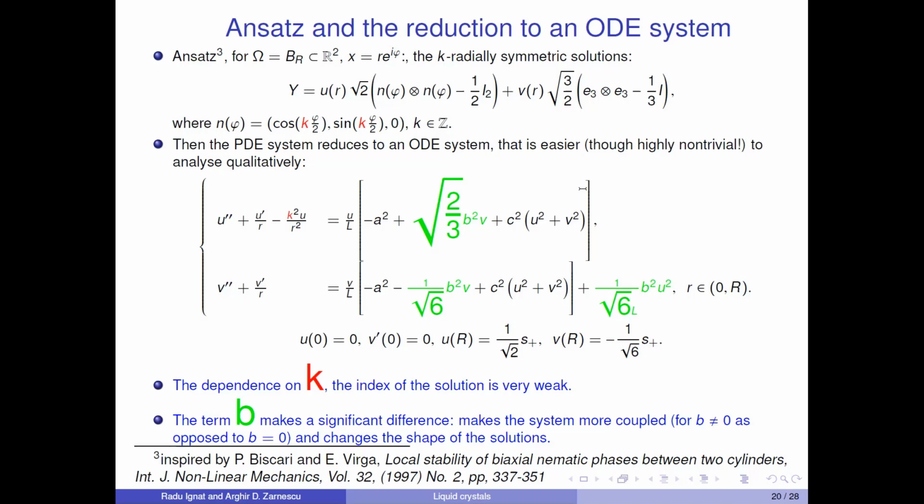But this is just an example in which you have such a reduction. And overall, this is still a coupled system of ODEs. If you take b equal to 0, it becomes a bit less coupled. It becomes more like Ginzburg-Landau, which we know and love.